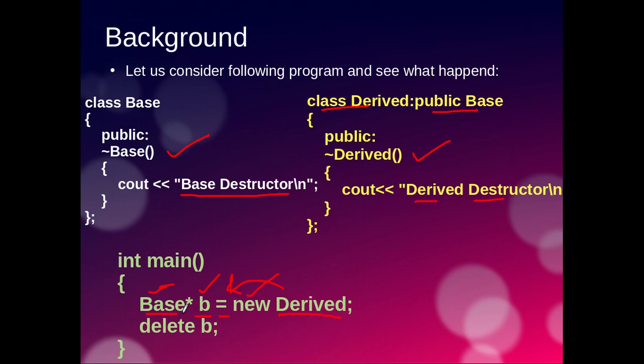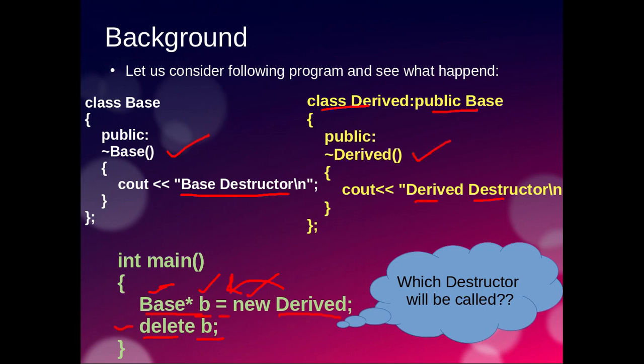Now again, what are the implications of this particular statement? Let us see. In the very next statement, using the delete keyword I am deleting the variable b. When b is deleted, the system will call the destructor.